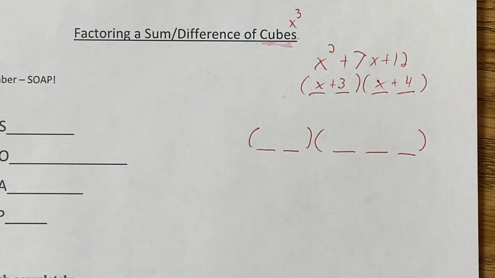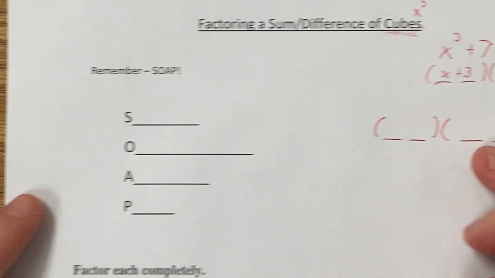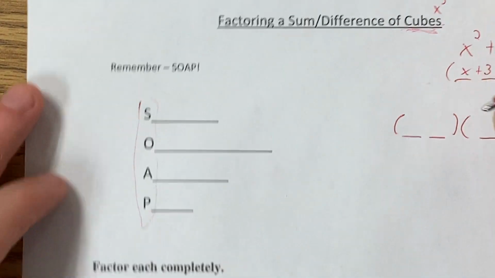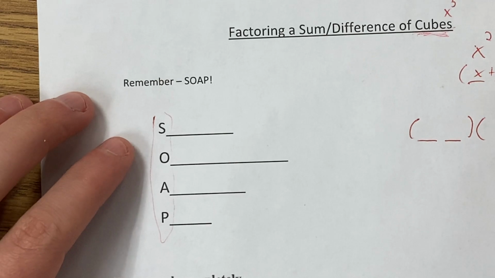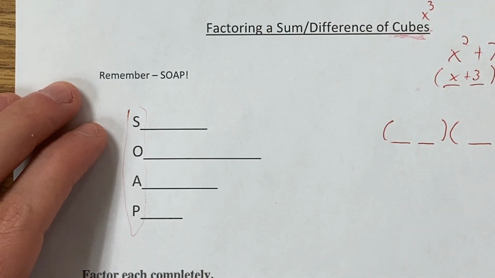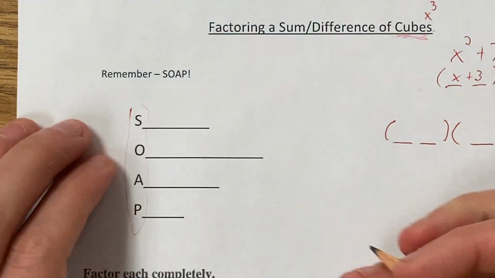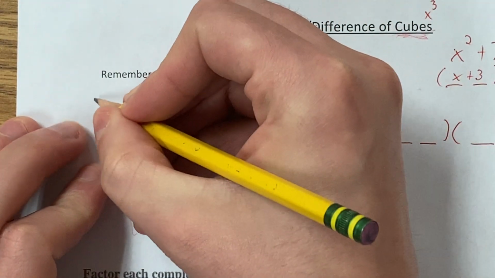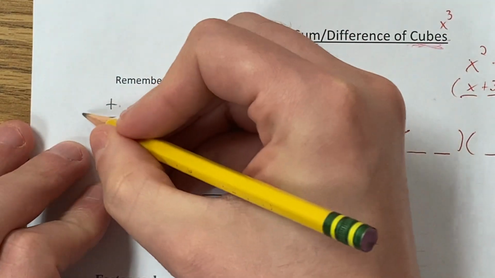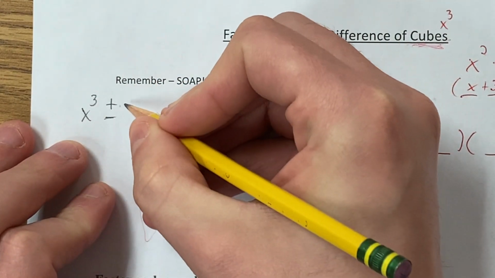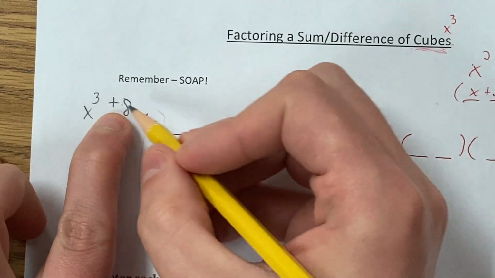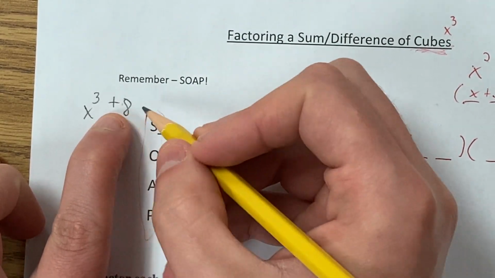And the way we remember it is through this acronym called SOAP. It's just a really clean method of remembering what the signs are going to be, whether it's going to be a plus or a minus. So if you have a plus or a minus in the original problem, like you'll have something like x to the third plus or minus 8, this is what the original problem would look like, and you're supposed to factor it.